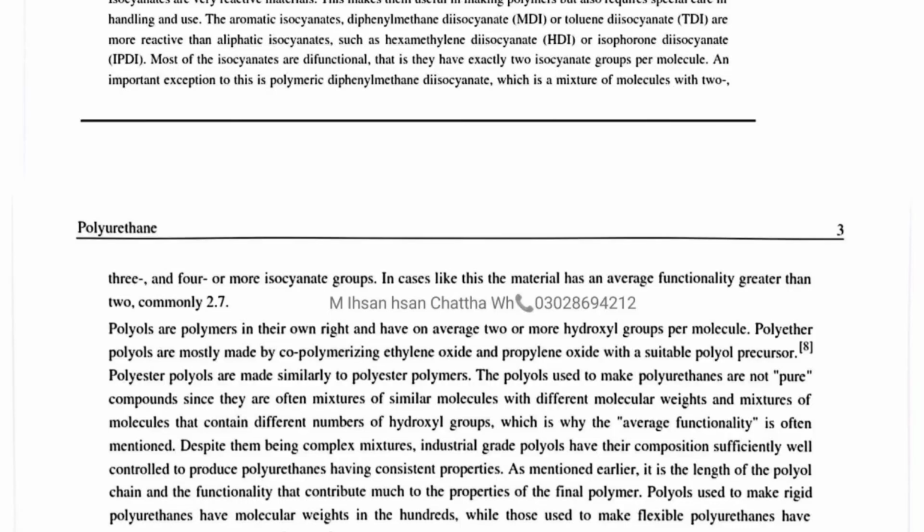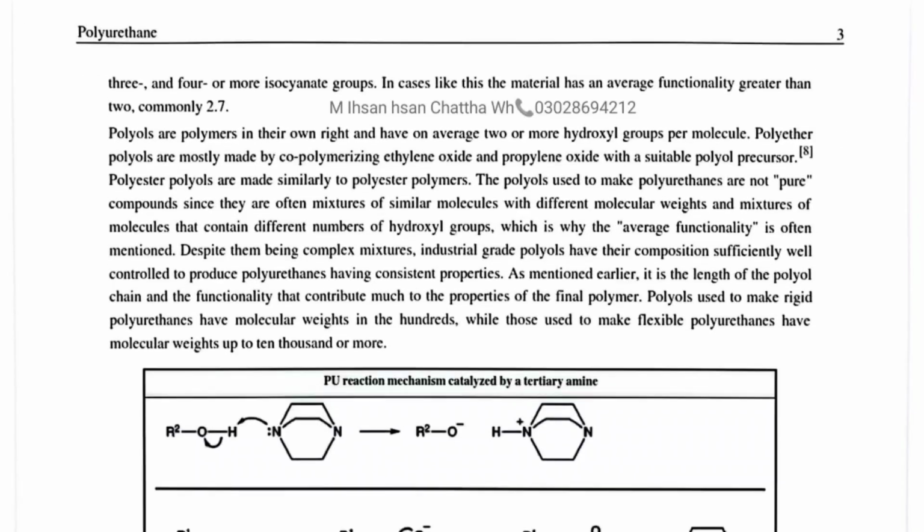These grades of polyol form many types of polyurethanes, from low to high molecular weight, and from low to high cross-linking, with different properties.